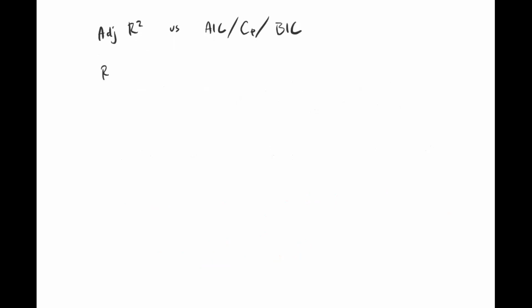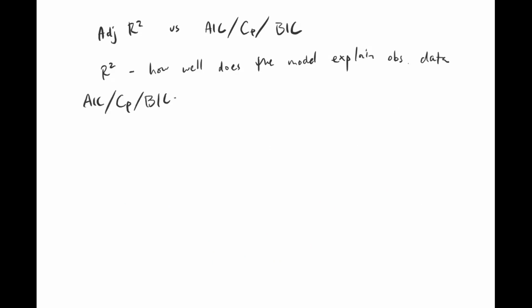So the R squared tells you how well the model explains observed data, whereas your AIC, Mallows' Cp, and BIC tell you how well your model will fit new data?